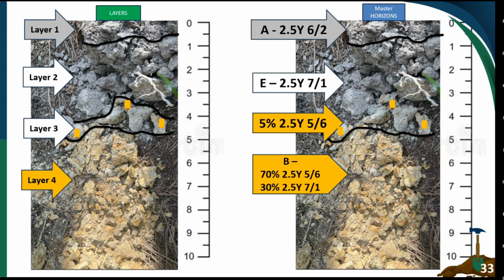Because the thickness requirement of 2 inches of material that contains properties shared by the indicator is not met. So we just went from meeting an indicator because of the way we separated the horizons to not meeting an indicator because we followed the guidance of the indicators to the letter and used layers. And now it does not meet an indicator.